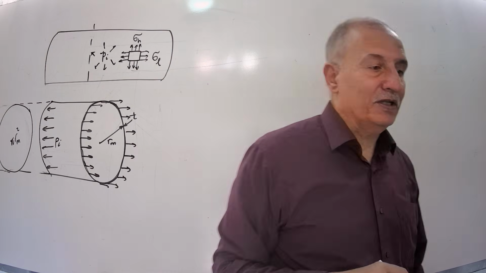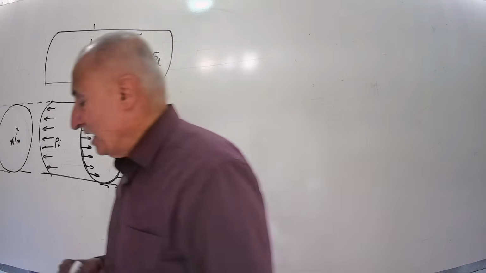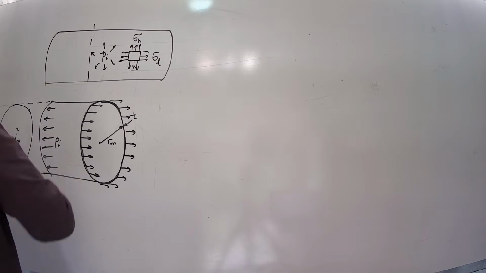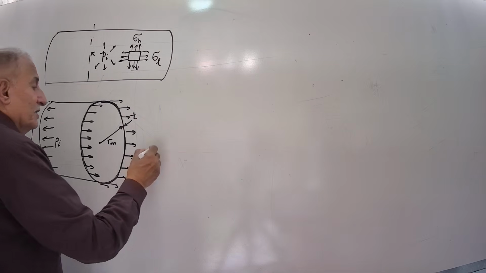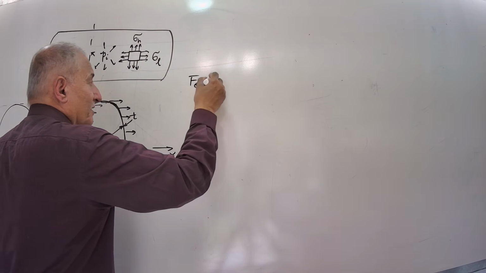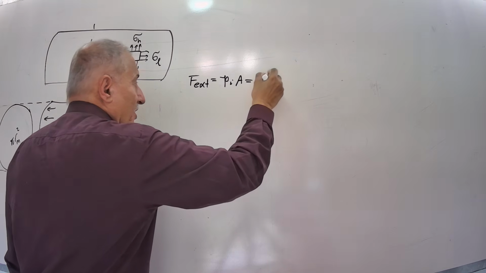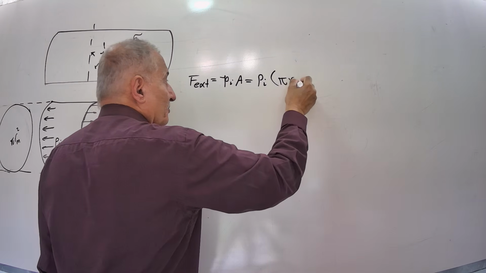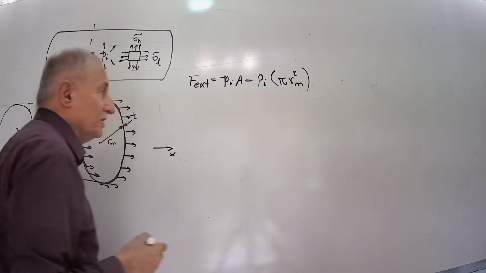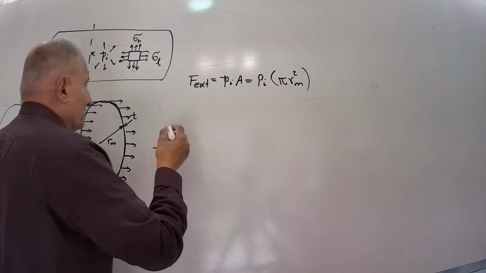Pressure acts on this area and produces an external force in the x direction, F external, equal to pressure times the area, which is pi times r m squared. This is the external force.